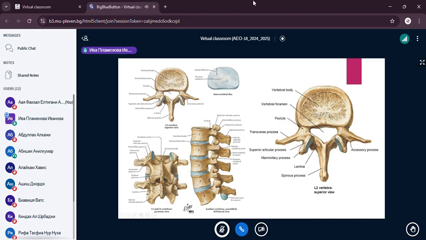Next to it is the mammillary process, so left and right. And here is the accessory process, most laterally. Articular processes, superior and inferior, mammillary process, accessory process. And they are located on the transverse process.